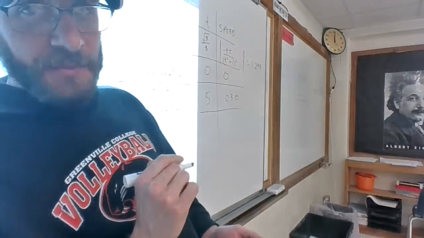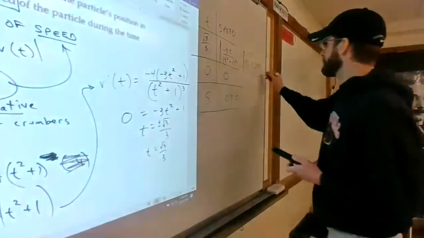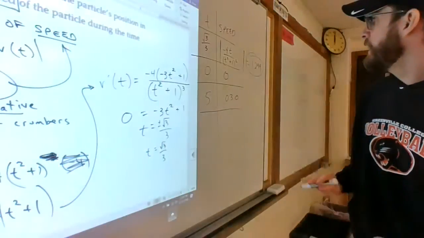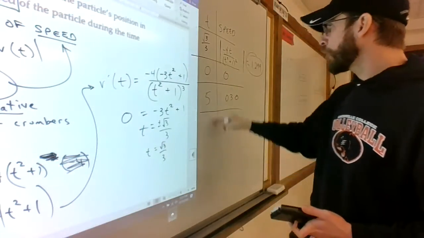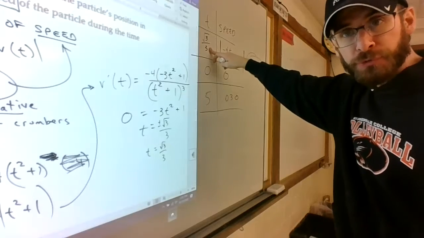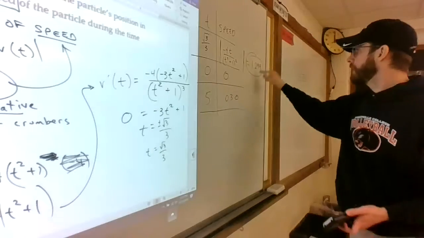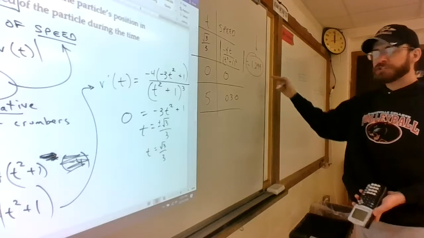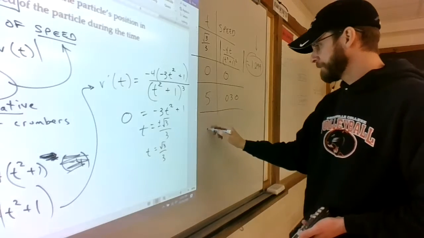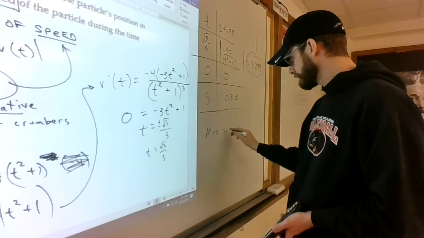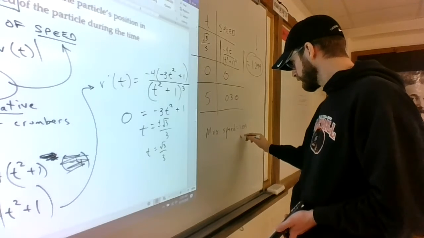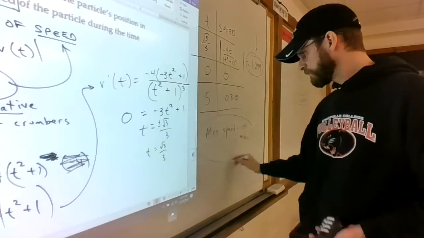So which one's the biggest one? Here. Find the maximum speed. The maximum speed occurs at t equals root 3 over 3 seconds, but the actual maximum speed itself is 1.299 meters per second. Okay. So that's a tricky one.